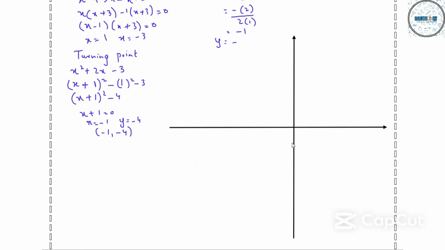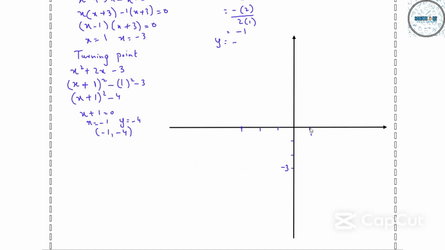0 comma minus 3 is the y-intercept. So here is minus 3. 1 and minus 3 are the x-intercepts. So we can mark here 1, minus 1, minus 2, and minus 3.